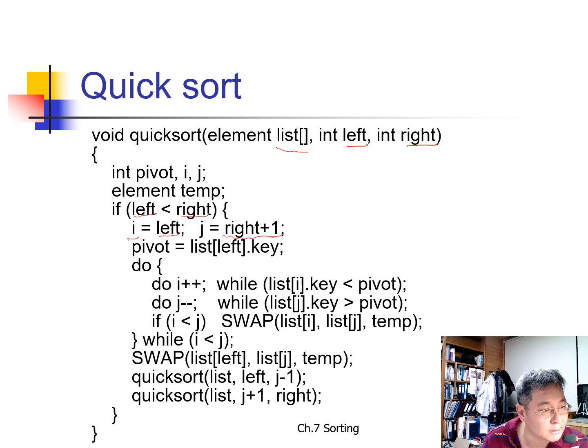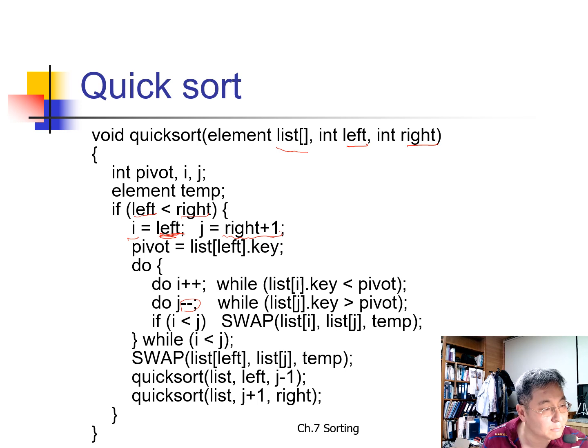Yes, plus 1 is added because J will decrease first here, so in order to start from the exact value of right, we have to increase by 1. And left is not increased by 1 here.